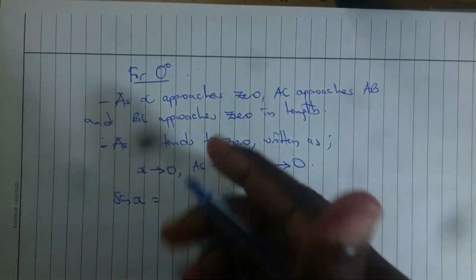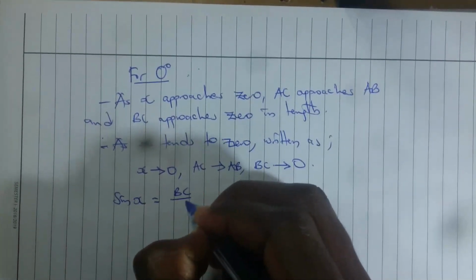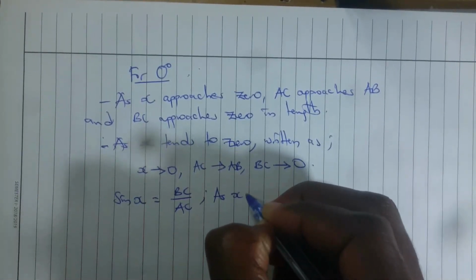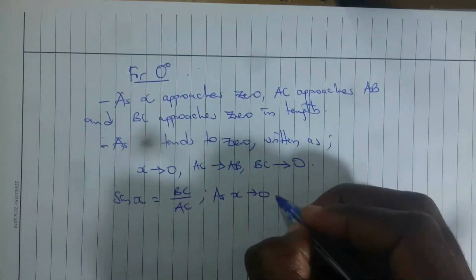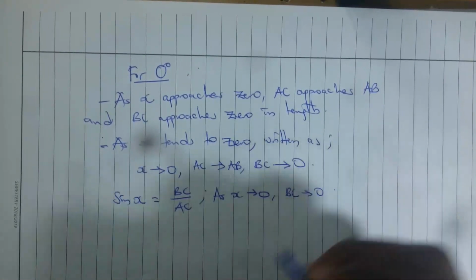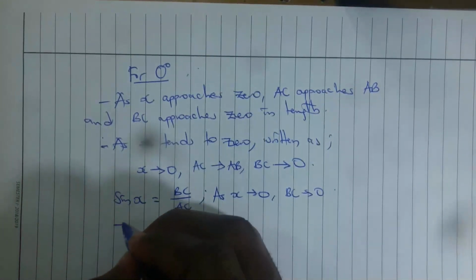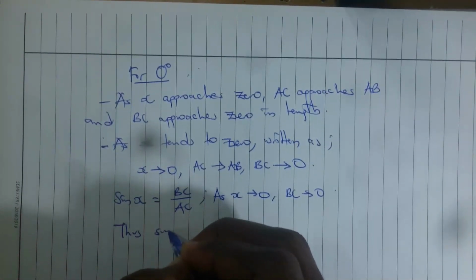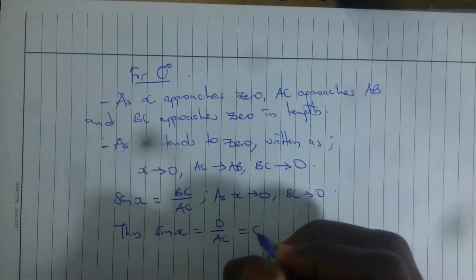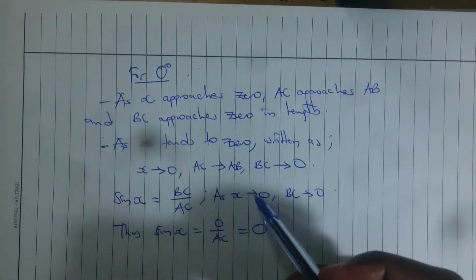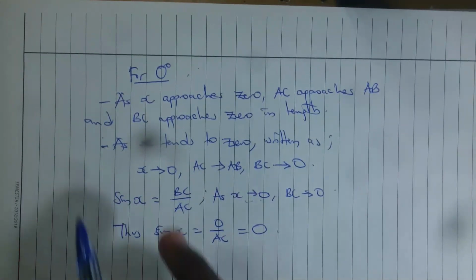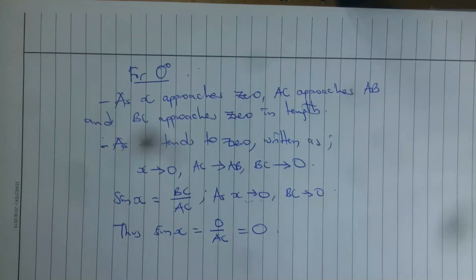So now we're going to have BC out of AC, but as x tends to 0, we have BC tending to 0. That implies that sine x will actually be 0 out of AC, which is 0. So as x tends to 0, sine 0 is actually 0.